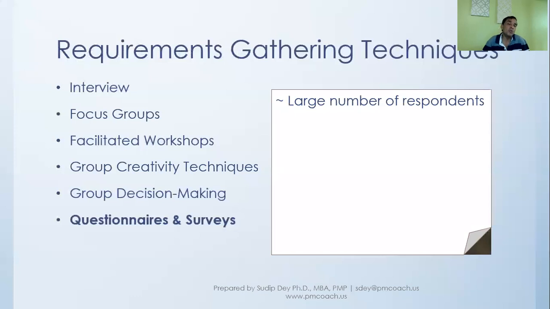If you have to take an interview or have a workshop or meeting, it takes a lot of time, and not only time, you'll find that people are not available at the time that you want them to, and so to get the whole thing done, it takes a long time, and it increases exponentially as the number of respondents increase. Whereas in questionnaires and surveys, you can reach out to a large number of respondents very easily.